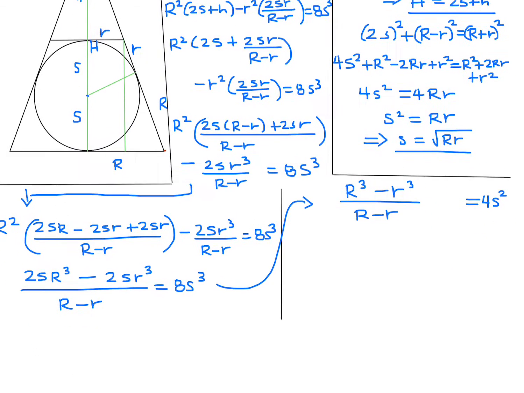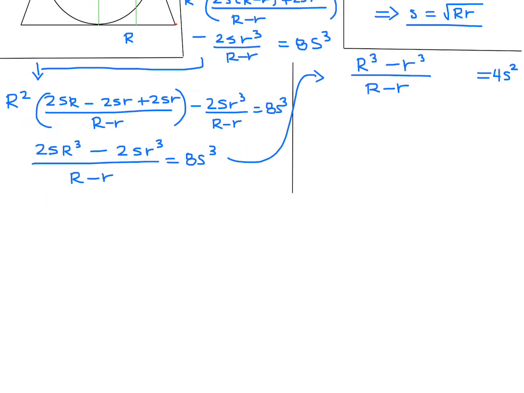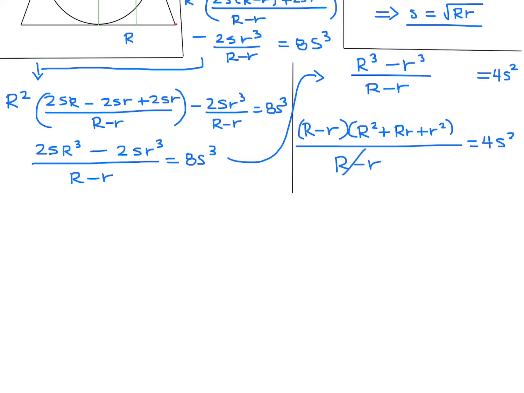So now this is all we are left with, this guy right here. Now the top factors, so we have big R minus r times R squared plus Rr plus r squared all over big R minus r, and that is 4s squared. So that cancels with that, and all we're left with is just R squared plus Rr plus r squared is equal to 4s squared.